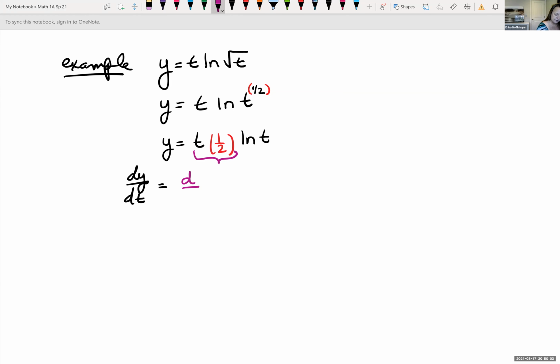So d/dt of the first piece, 1/2 t, times the second, which is the natural log of t, plus the first, which is just 1/2 t, times the derivative of the second, d/dt of the natural log of t.